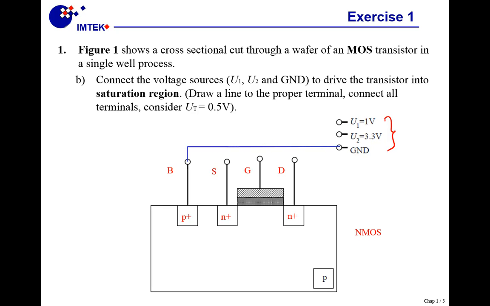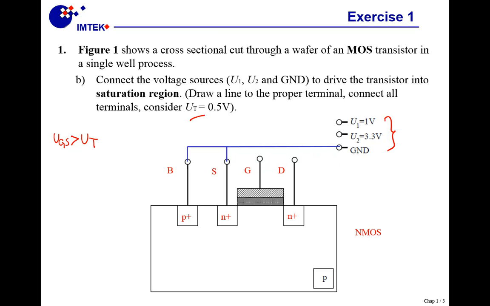Now we need a source which has a lower potential than the drain, so we also connect the source to ground. Now, if the transistor has to work in the saturation region, then UGS has to first be greater than UT.